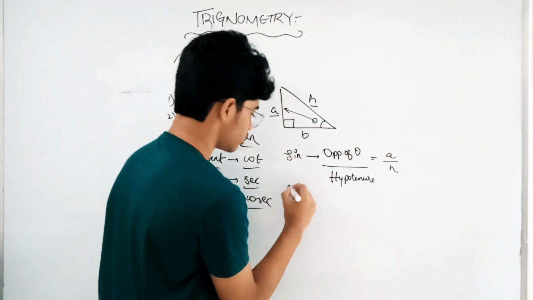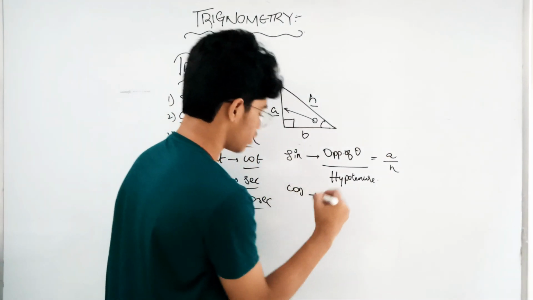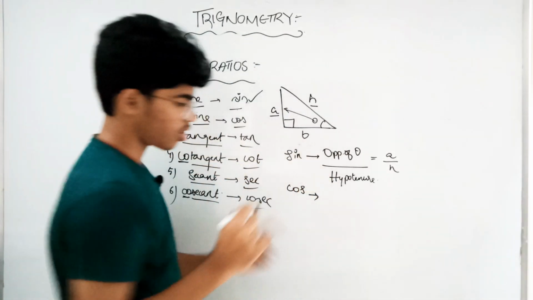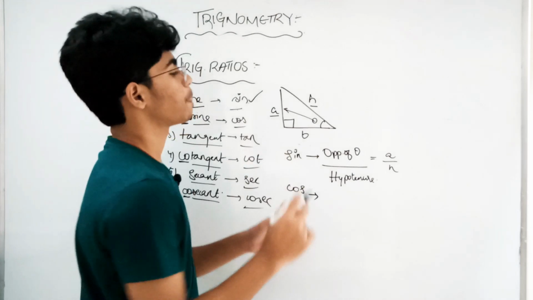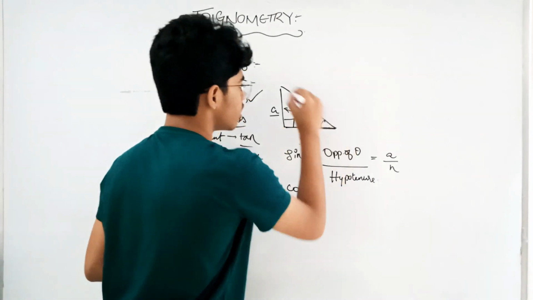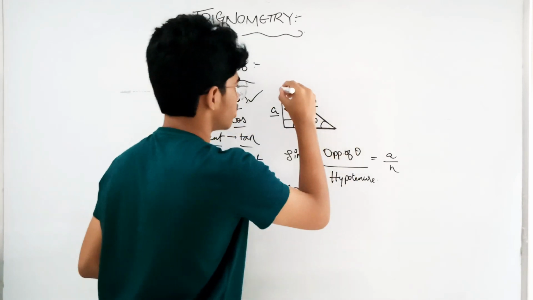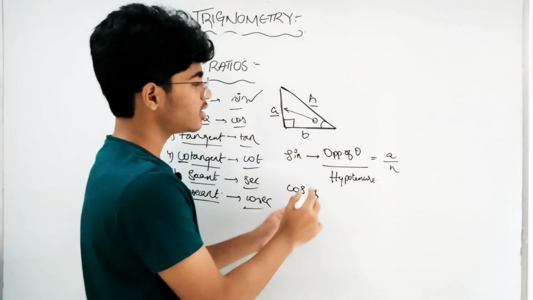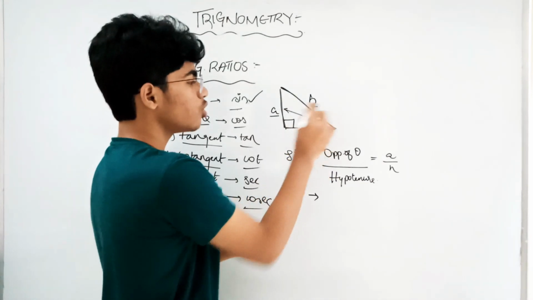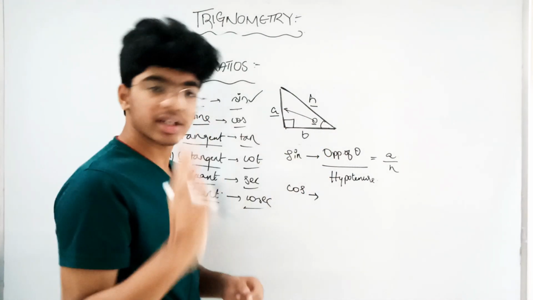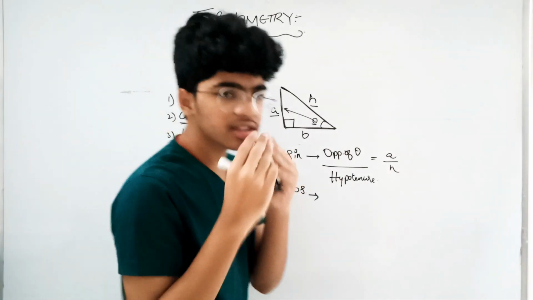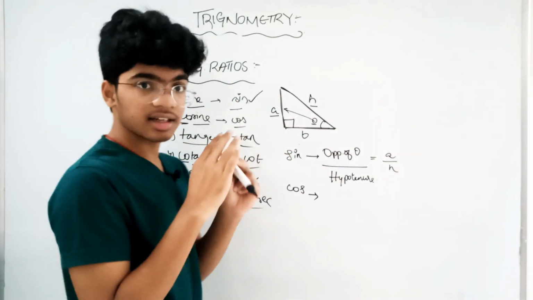Next is cos. Sorry, my writing is a bit bad. Cos is the same, but, see, these are the three sides of the right angle triangle, and this is theta. To theta there are two adjacent sides: one is the hypotenuse and one is B. But we want the adjacent side of theta that doesn't contain the hypotenuse.